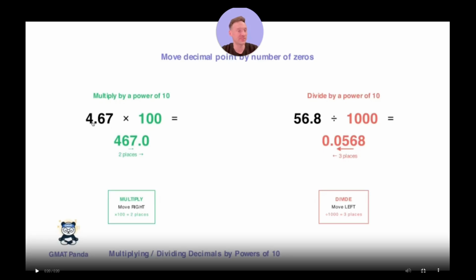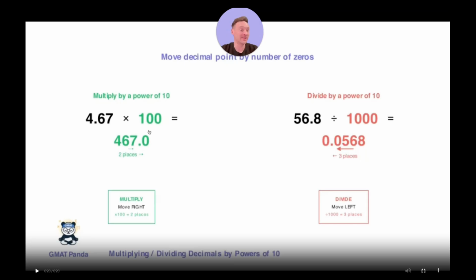It was between the 4 and the 6 here. And 467 technically does not have a decimal point, but we could write 467.0, which would be exactly the same thing. So implicitly, the decimal point is here after the 7, and you've noticed that it's gone 2 steps along to the right.